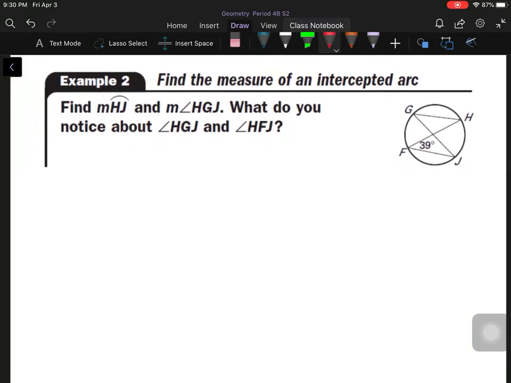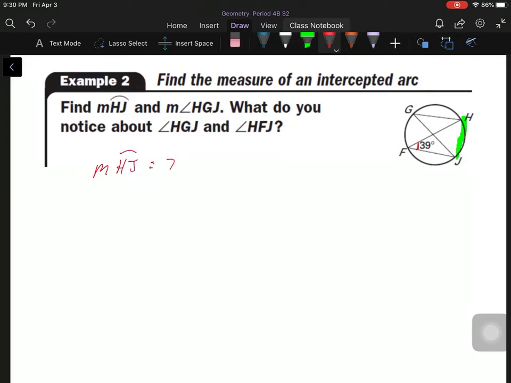Find the measure of an intercepted arc. So find the measure of arc HJ and the measure of angle HGJ. And then what do you notice about angle HGJ and HFJ? So the first one, I'm going to find the measure of arc HJ. So here's HJ. Again, the angle measure that intercepts that arc is 39 degrees. So if I double that, 39 times 2 is 78, the measure of arc HJ.